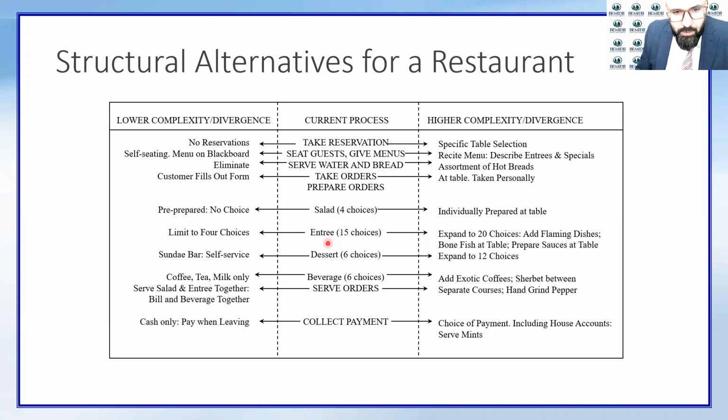For the entree, maybe you have 15 choices, lower complexity with 4 choices, versus high complexity, which would expand to 20 choices. So take a look into that level of complexity. It will also help you offer the service and decide how complex you need the service to be for the customer. With that said, I'd like to thank you so much, and that's the end of the video for this chapter. Thank you.